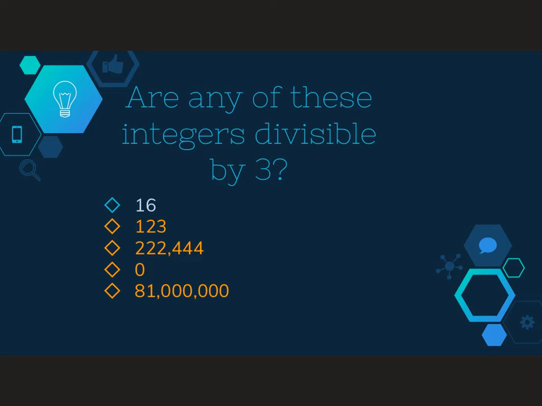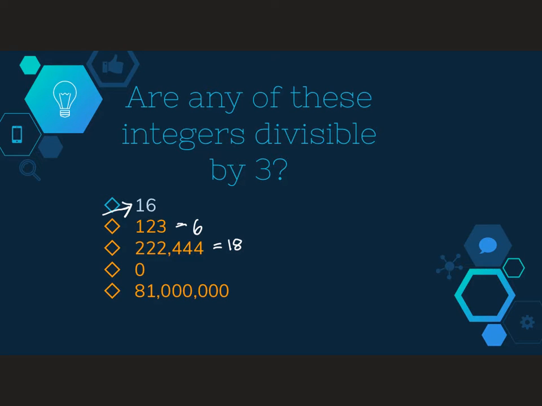Okay, now that you've had time to pause and practice, here 1 plus 6 is 7, so that doesn't work. 7 is not divisible by 3. 1 plus 2 plus 3, that works because that digital sum would be 6, and 6 is divisible by 3. The third one down, 2 plus 4 plus 12 more, that's 18, and 18 is divisible by 3.